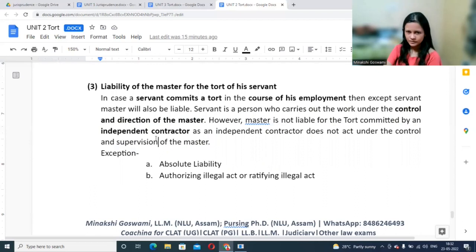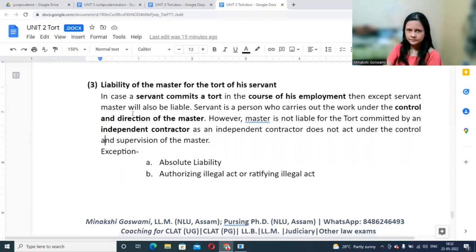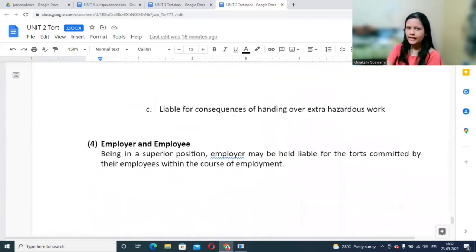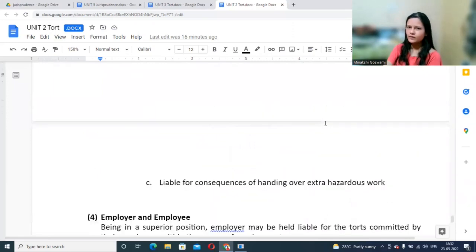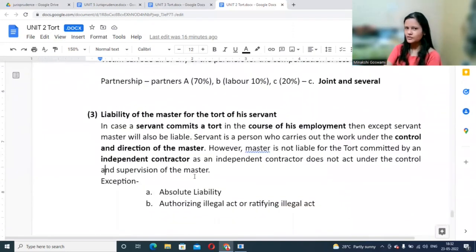There is also liability for consequences of handing over extra hazardous work. So these are the situations where it can come for an independent contractor, but otherwise it is master and servant only. When a person is giving directions and everything, he will be held liable for whatever wrong is being committed by the servant.